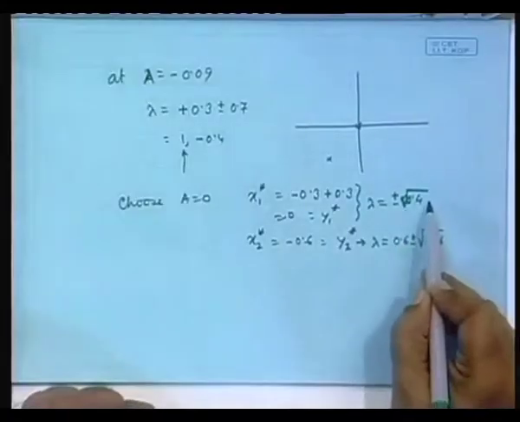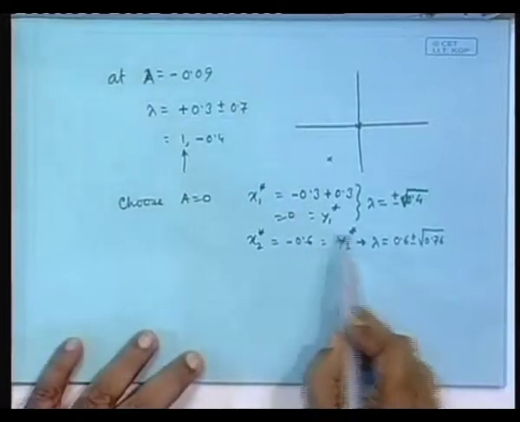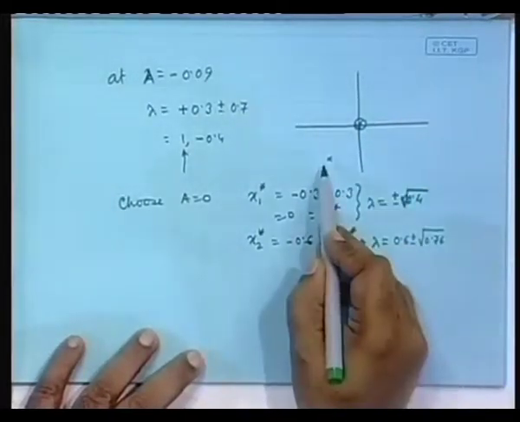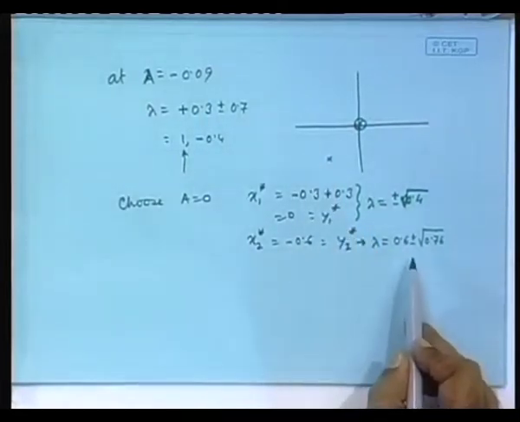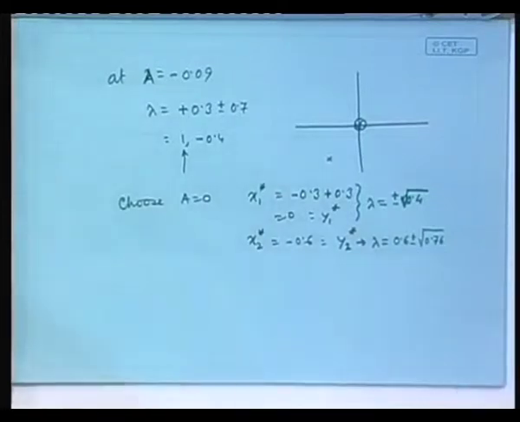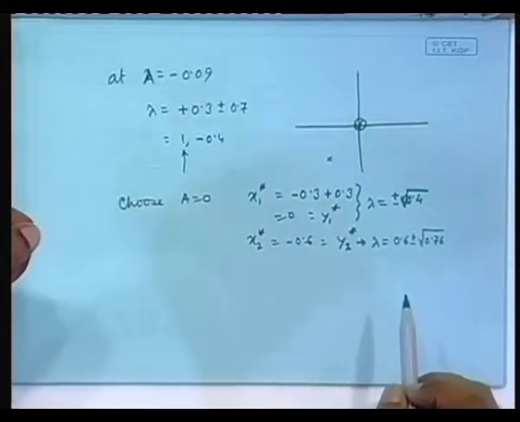Okay, so you have this fellow stable, this fellow unstable. Which one is stable? This fellow is stable, and this fellow is unstable, right? And a flip saddle. It's a flip saddle. Good. Now, as you change the parameter further, what do you expect to happen?